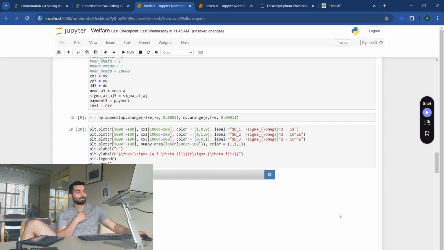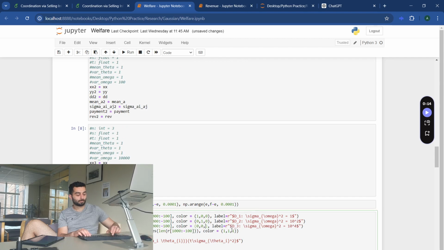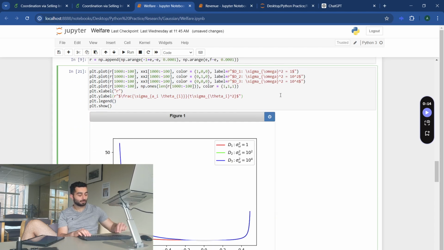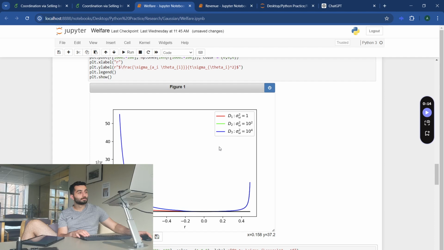Where is it? So there are some values. What is this?